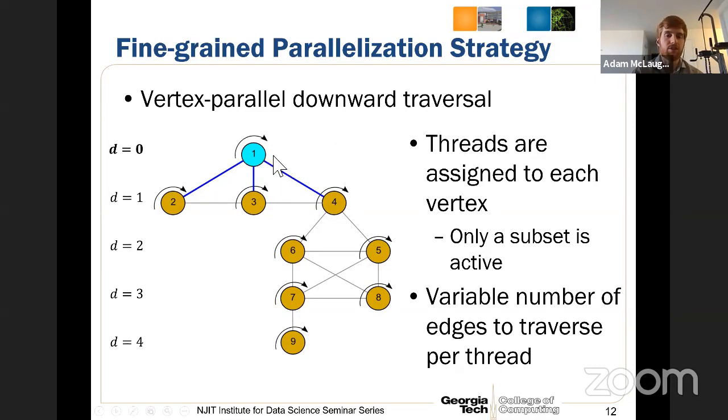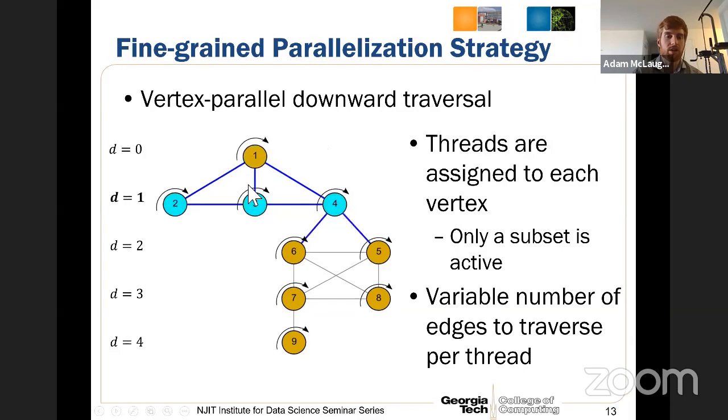And then additionally, you have the issue here that the thread on vertex 1 has to traverse 3 edges. And you can imagine for graphs in general, if I move to the next stage here, now vertex 2 is processing 2 edges, vertex 3 is processing 3 edges, vertex 4 is processing 4 edges. And in general, those numbers can be arbitrarily different.